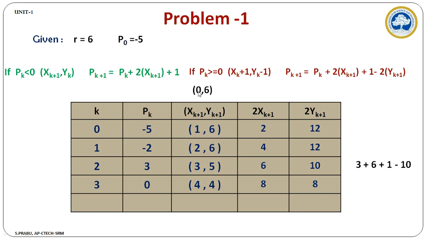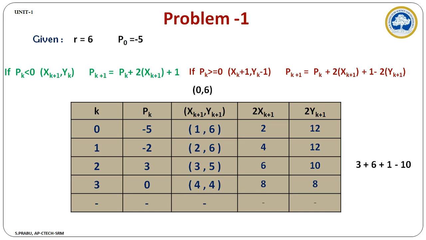Initially, the x value is always 0 and the y value is always the radius value, so the x value is always less than the y value. But after calculating, the x value is incremented and the y value may be decremented. So at one stage, x may be equal to y or x greater than or equal to y. At that stage, we stop the calculation.